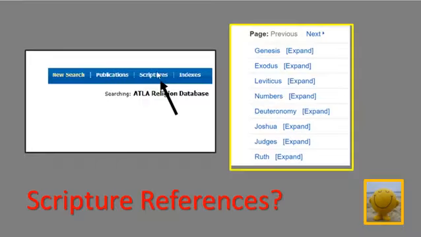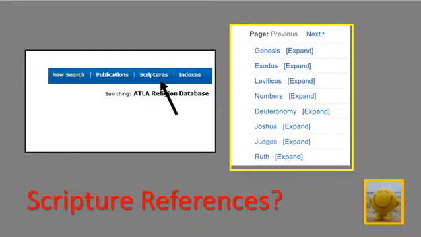The word scripture may or may not appear on your bar, and that'll be for many of you using a laptop because your screen's smaller. But there, at the end of that blue bar will be 3 dots. If you'll click on that, the bar will continue to fill out. But in any event, you'll see scriptures. If you click on that, it's going to bring you to this page.